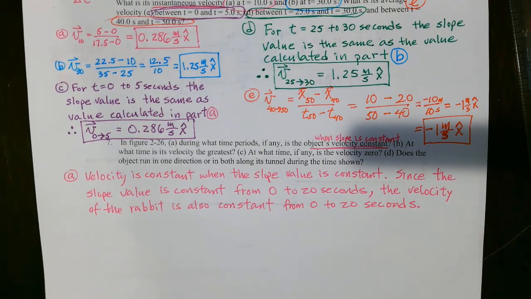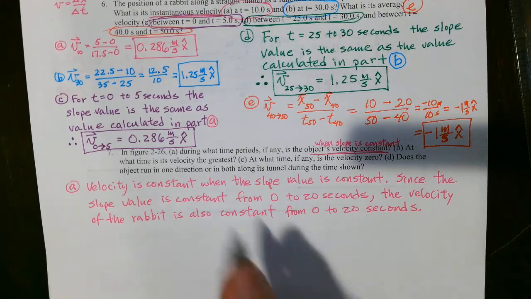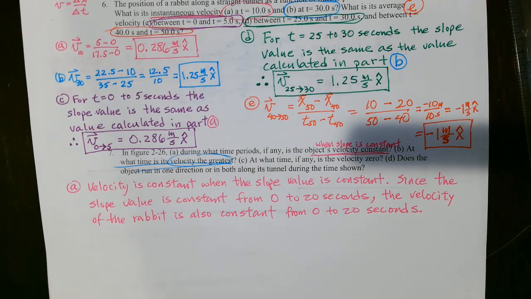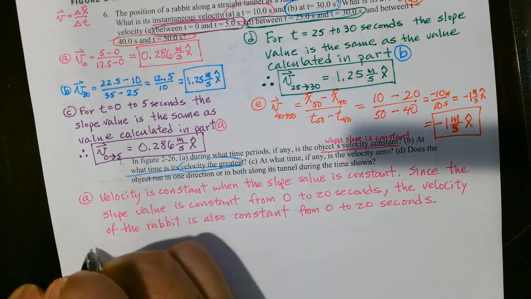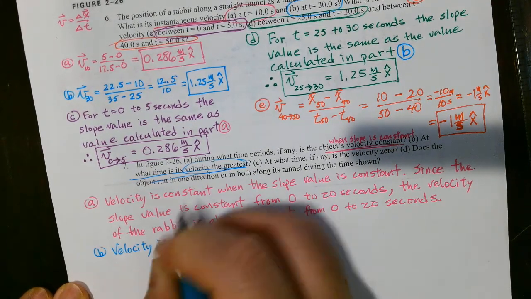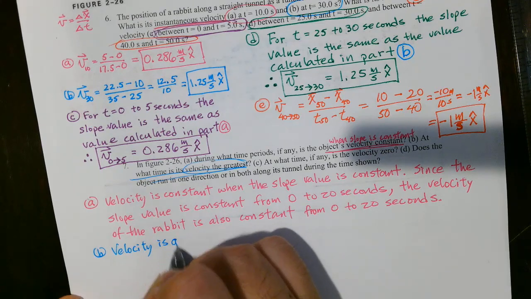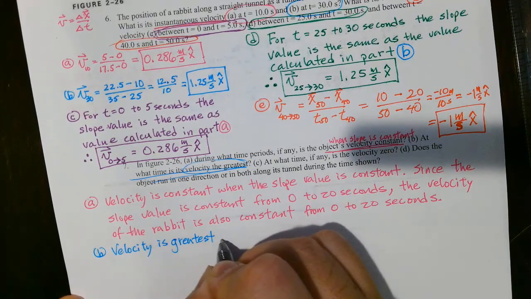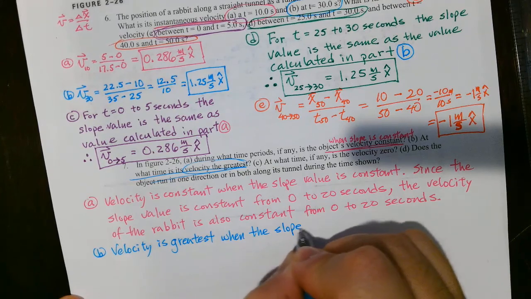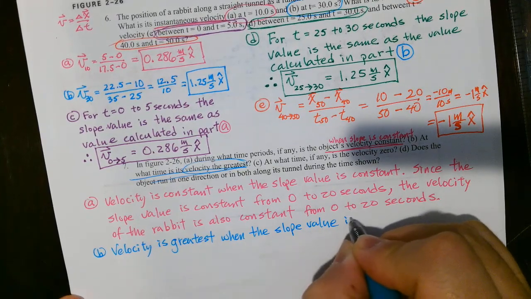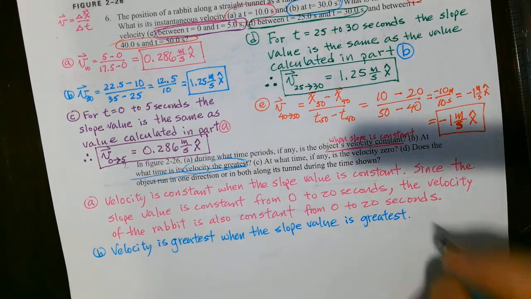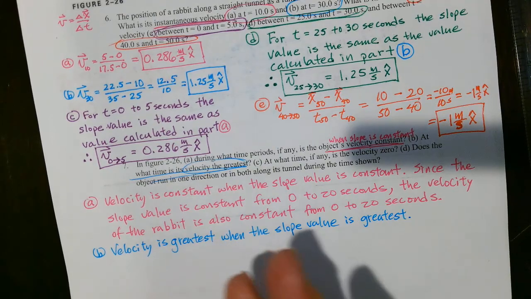What about part B? At what time is the velocity the greatest? Well, the velocity is the greatest when the slope value is the greatest, right? Now I'm going to assume that they're talking about positive velocity, because there could be positive velocity or negative velocity.